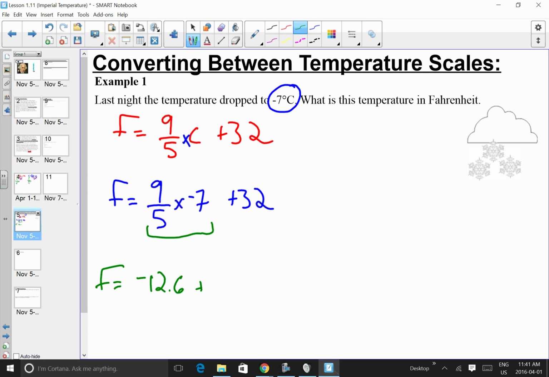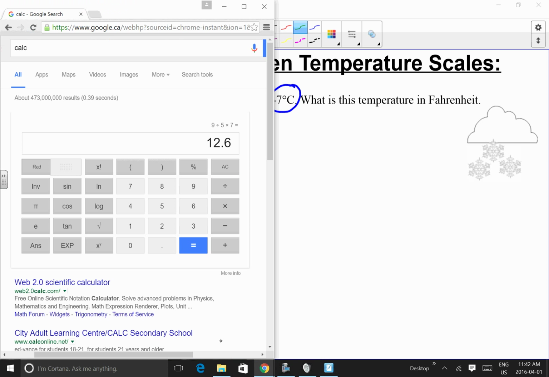and now don't forget about that plus 32. I need that part there. All right. So because I'm too blind to see the negative button on this Google calculator here, to do things a little bit differently, to minus 12.6, which is the same thing as -12.6 plus 32.